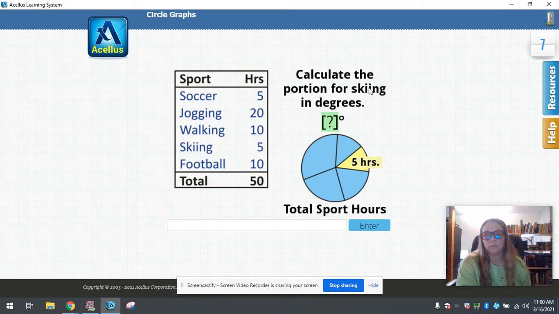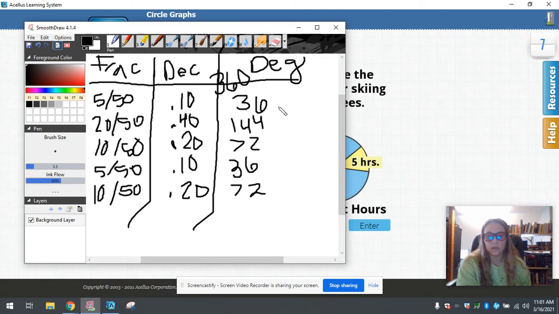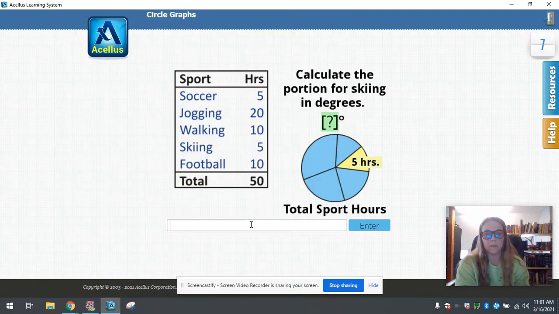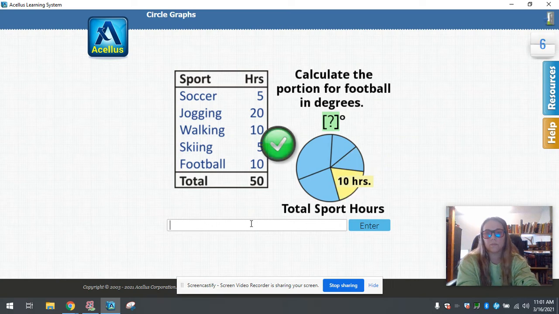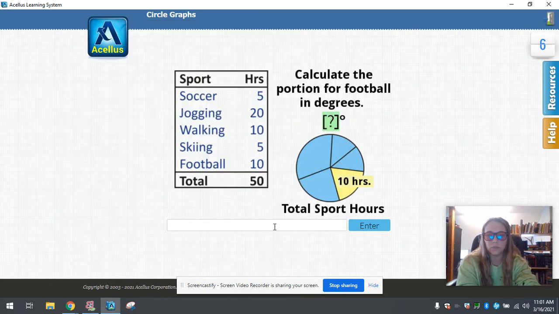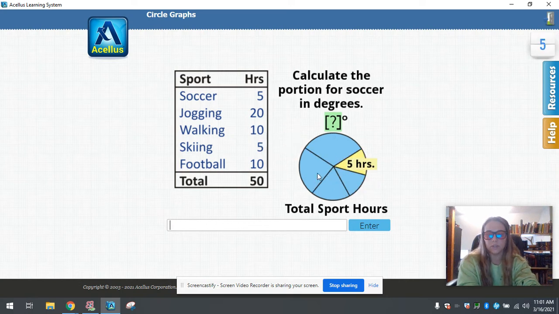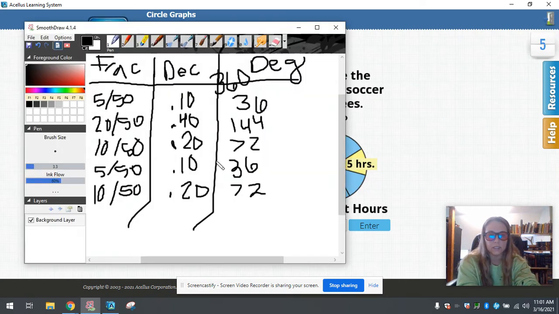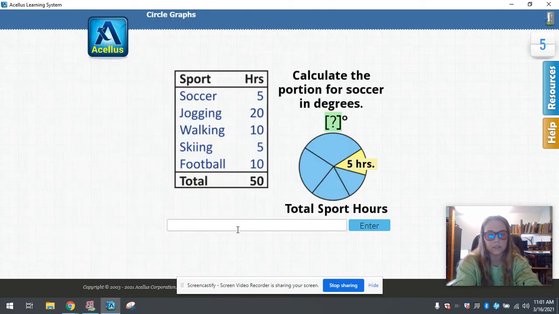So for skiing, which was 5 hours, it makes up 36 degrees in the pie chart. Okay, and we already calculated this all is the same. So we did 10 out of the 50 for football, and we got 72 degrees. Okay, for the soccer, it was the same as the skiing, 36 degrees.